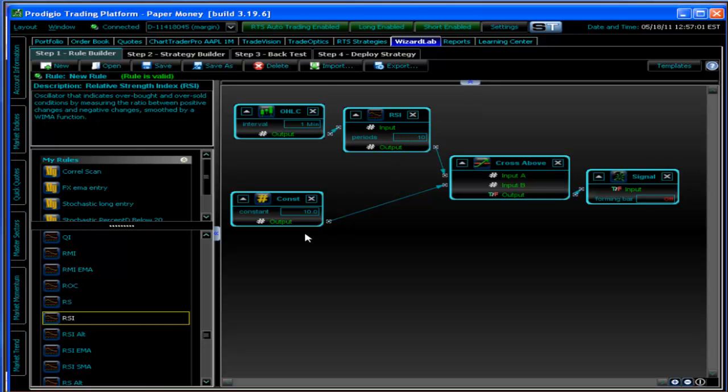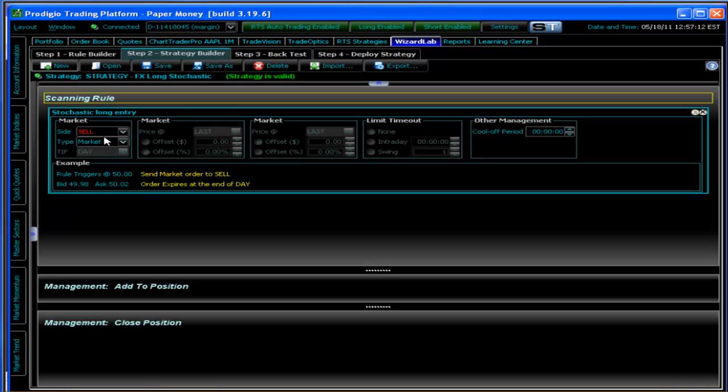But if I were building this rule in Wizard Lab, notice I'm saying cross above 70, right? If I was going to go short on this kind of rule, and my strategy said to go short, what would the opposite strategy be?